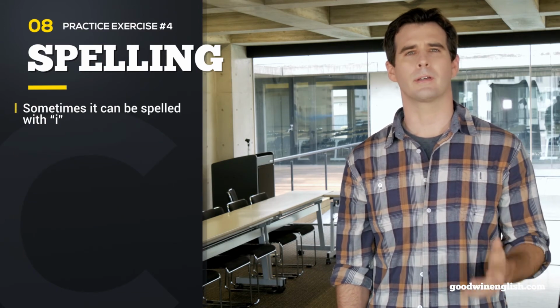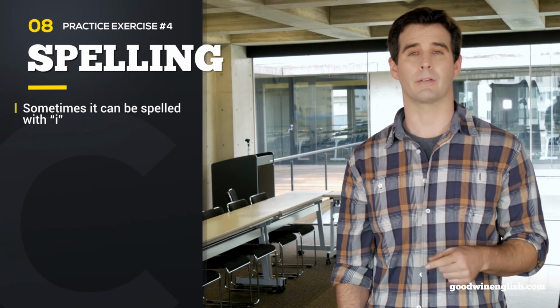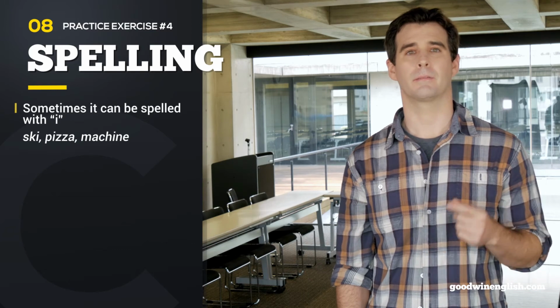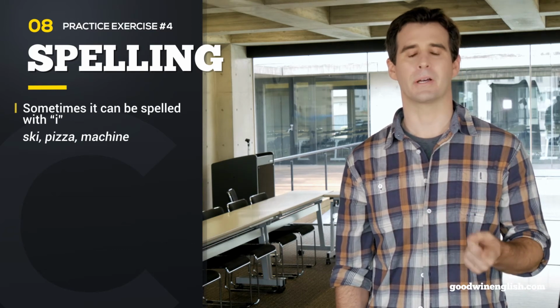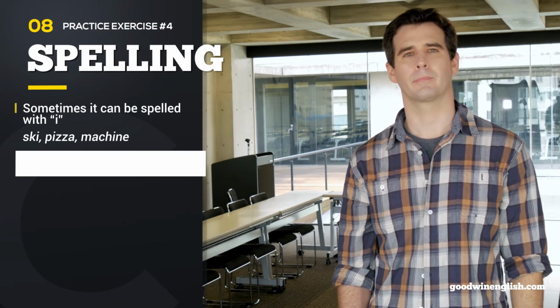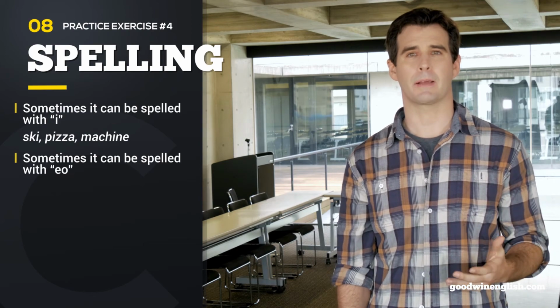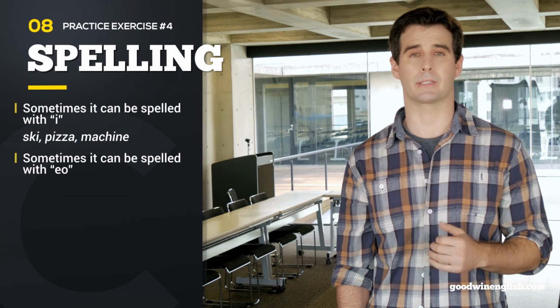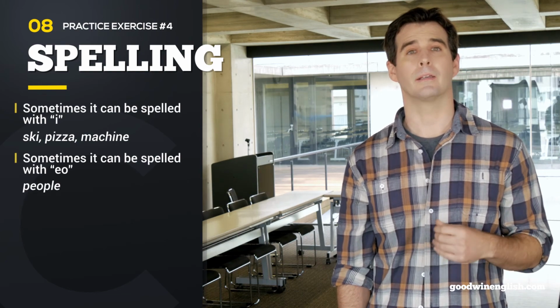We can use I to spell this sound, like this: ski, pizza, machine. And last, sometimes we can see EO being used to spell this sound, like in people.